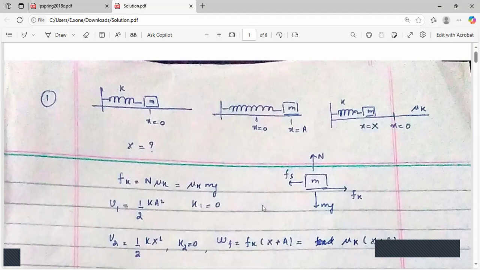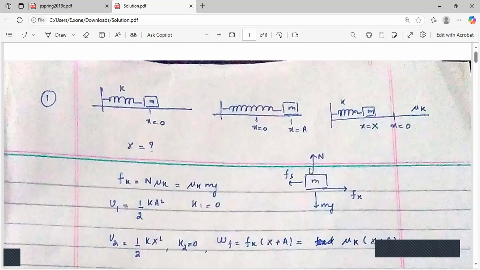First we have to find the work done by the kinetic friction force. We know that the kinetic friction is proportional to the normal force acting on the body of mass m.